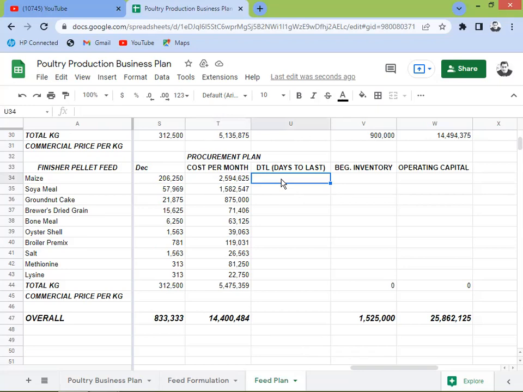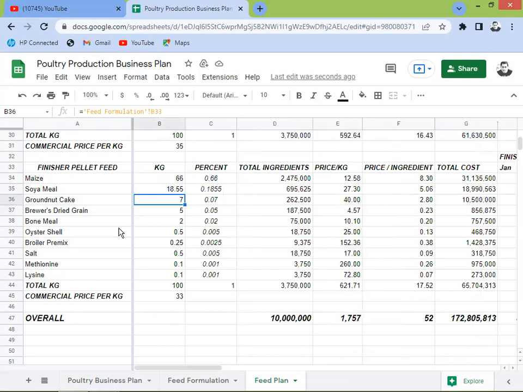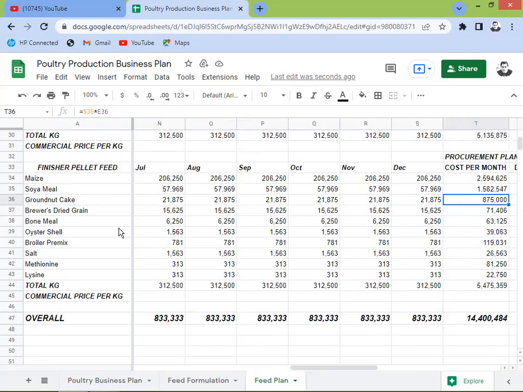Okay, again, let's go to the days to last. This would be 90 days. DTL, 90 days. And this one can be sourced locally. In India, there are lots of groundnut cake, brewers dried grain. This is a good source of proteins, maybe some vitamins from this material.